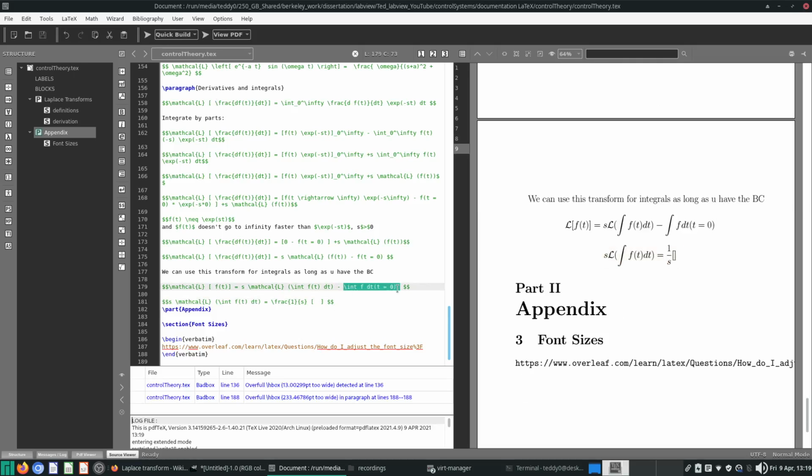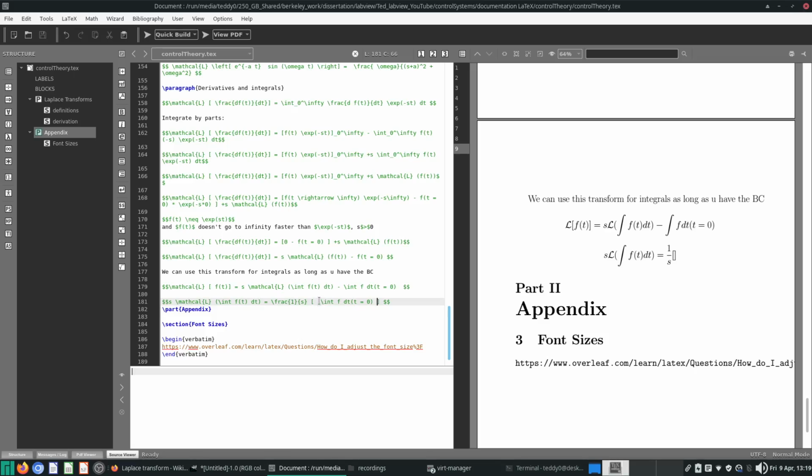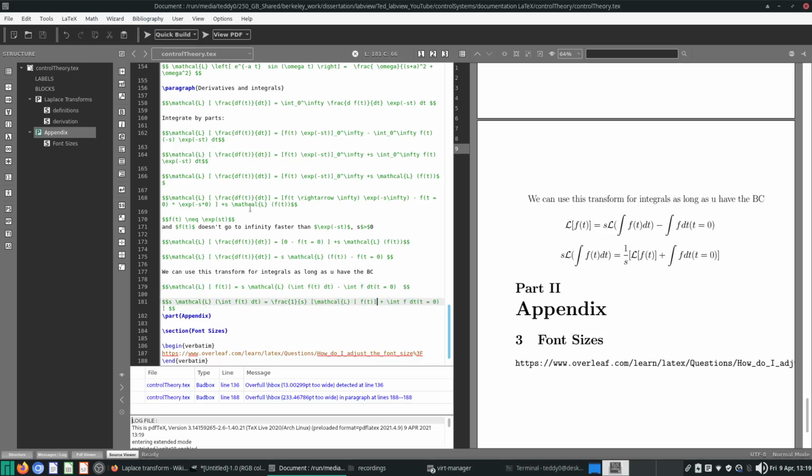So I'll just casually put this here, and I will have this thing here as well. And there you go. I'll take out the s from the left hand side, and this should be the rough right expression.